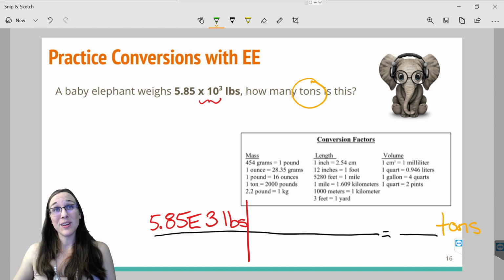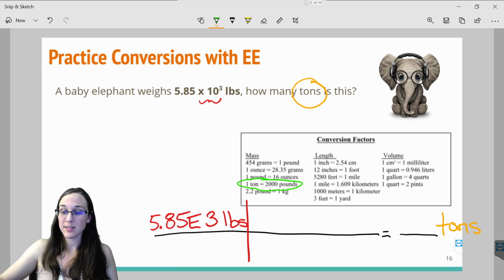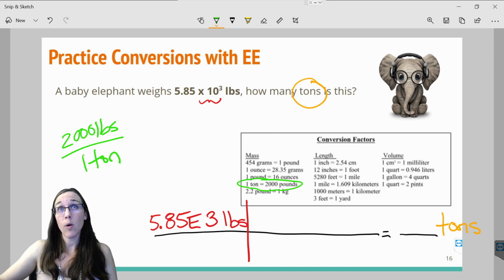And now we need to figure out our domino pieces conversion factors to get from pounds to tons. So if we look at our little box of conversion factors, hopefully you see that 1 ton is equivalent to 2,000 pounds. This can be written in two ways. We can have 2,000 pounds over 1 ton, or we can have 1 ton over 2,000 pounds.